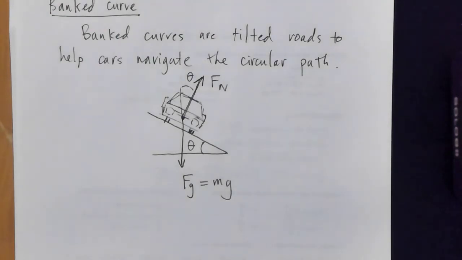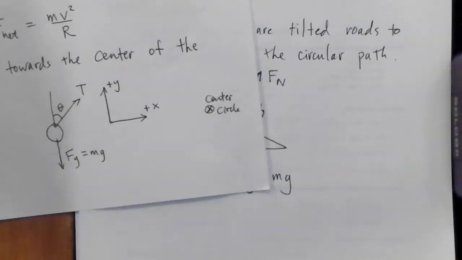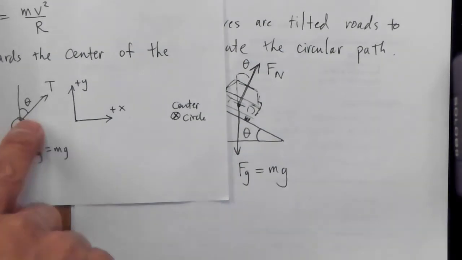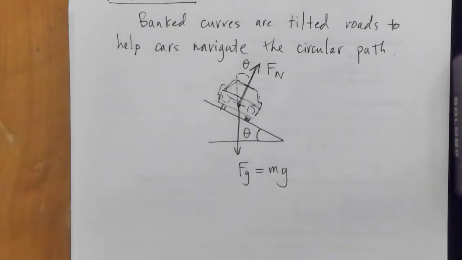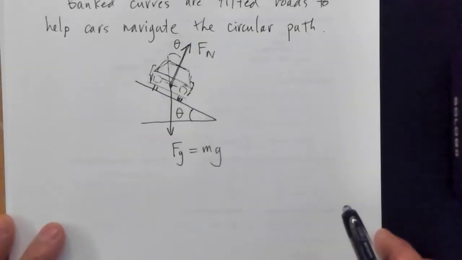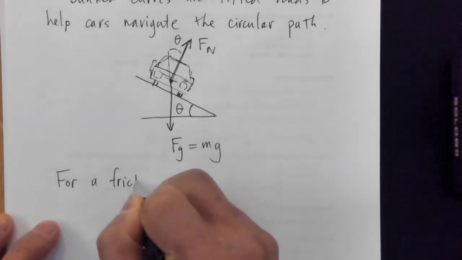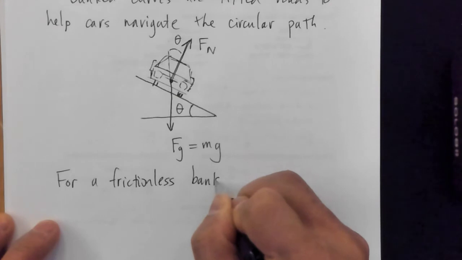Now, notice that this looks a lot like the conical pendulum. You have the tension here, you have gravity, you have the normal force. So we make the connection for a frictionless banked curve.